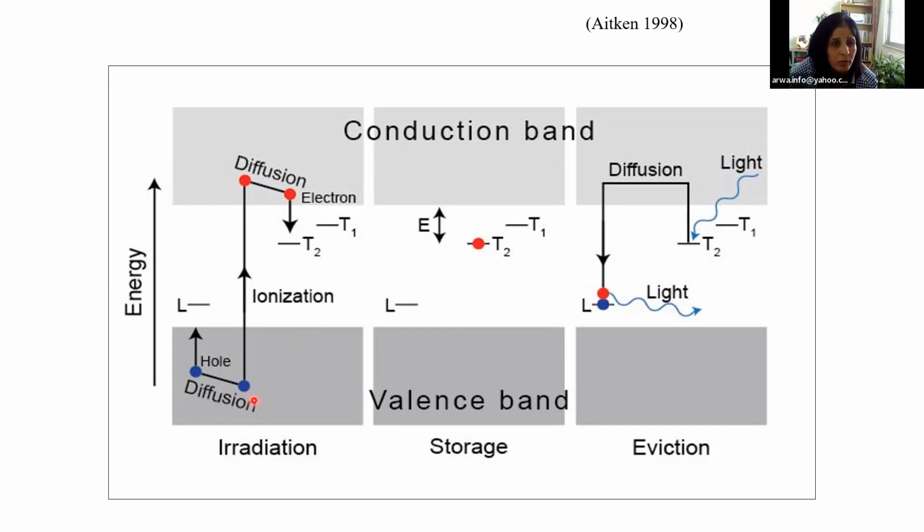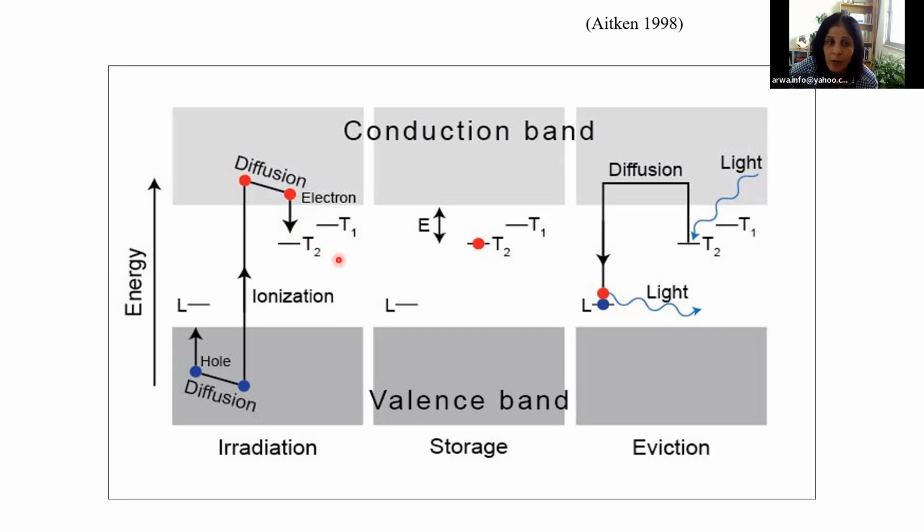The interaction of radiation with a crystal provides the electrons energy that pushes them up to the conduction band. When they reach the conduction band, they diffuse rapidly. In the energy gap, we have the defects of this crystal, known as luminescence traps or electron traps, like T1 and T2 in this case.